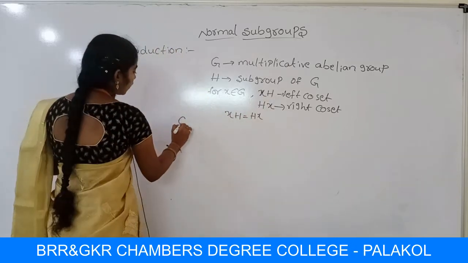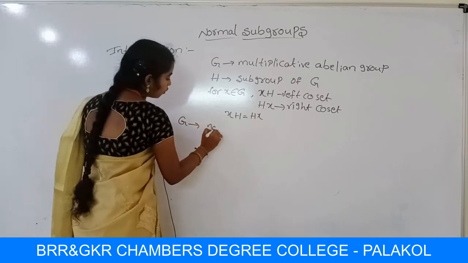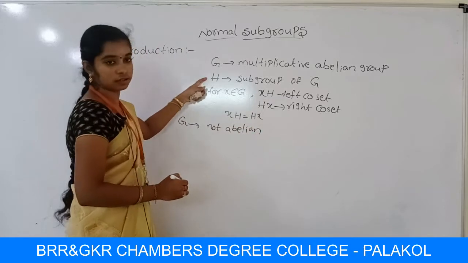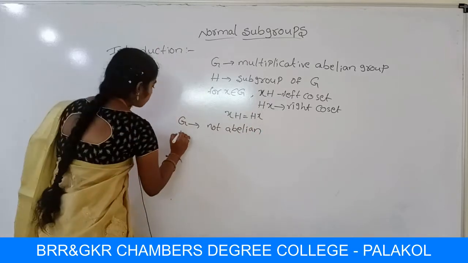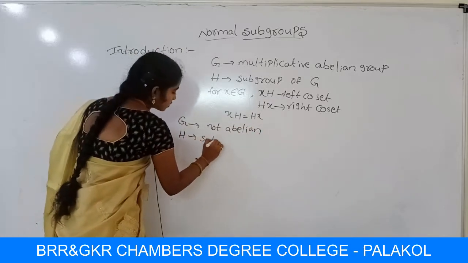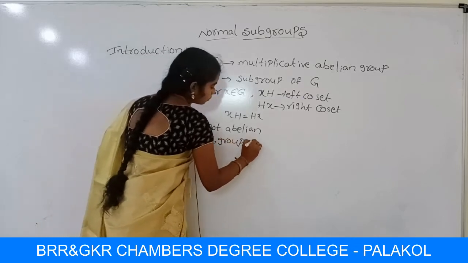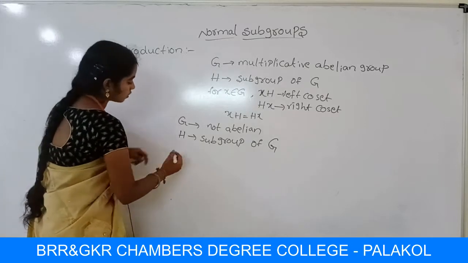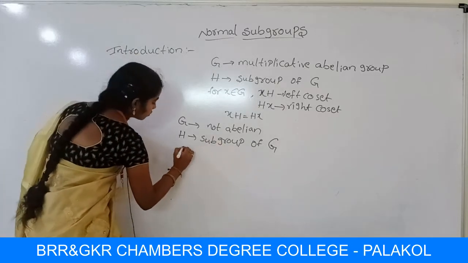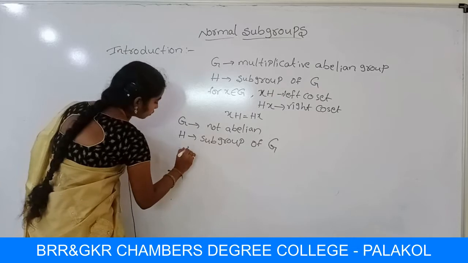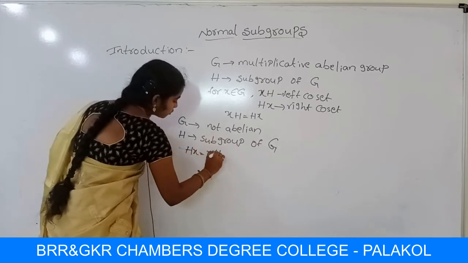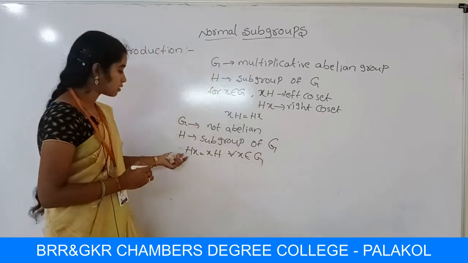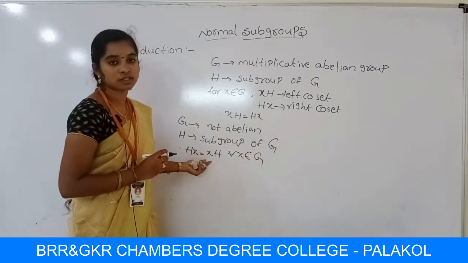If Z is not abelian, and there exist subgroups H of Z such that Hx is equal to xH for all x belongs to Z, such subgroups are termed normal subgroups.